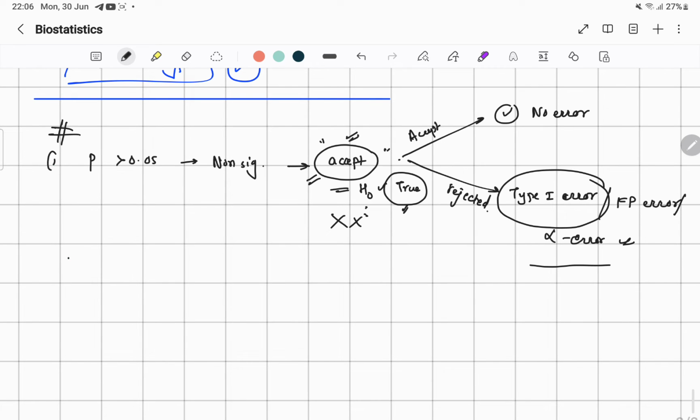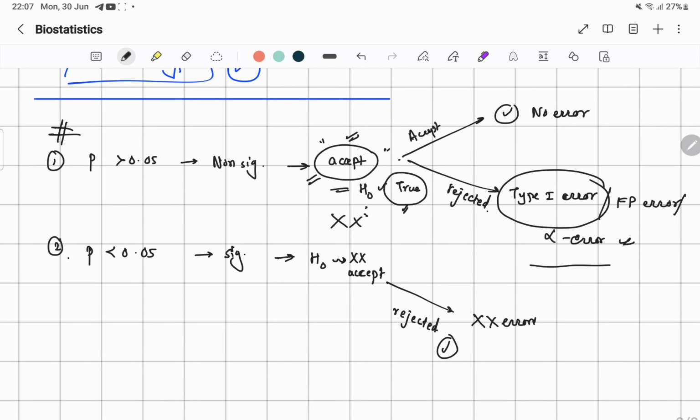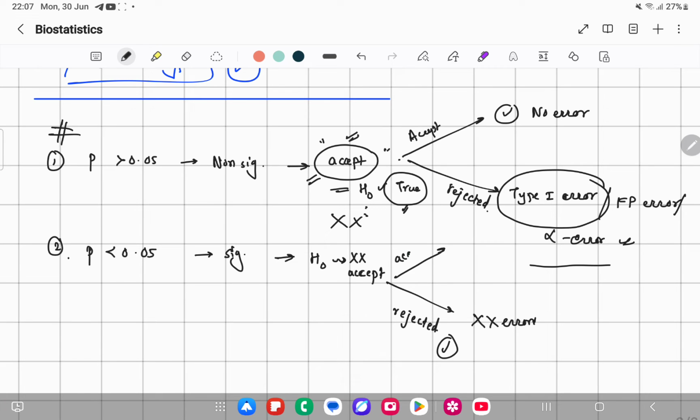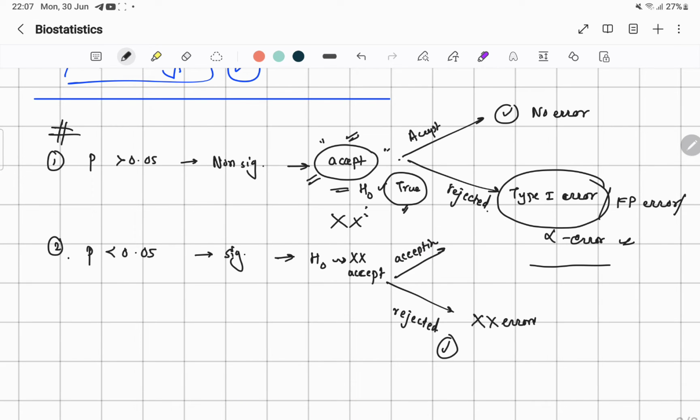Okay, another situation: p value less than 0.05, it is significant. So is the null hypothesis accepted or not? Not accepted. If you are rejecting the false hypothesis, there is no error, you are correct. But if you are accepting the false one, you call it type 2 error.